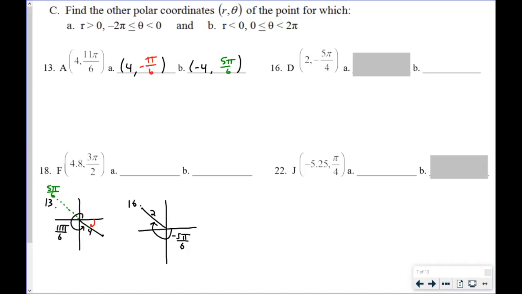Now, in the first piece, we want a positive value of r but a negative angle. Well, we were already given that piece of information, so there's nothing more to do for A. But for B, we want a negative value of r and a positive angle. So the negative value of r is just going to be -2. I just need to figure out what the angle is going to be now. We're going to go across the origin on our diagram.